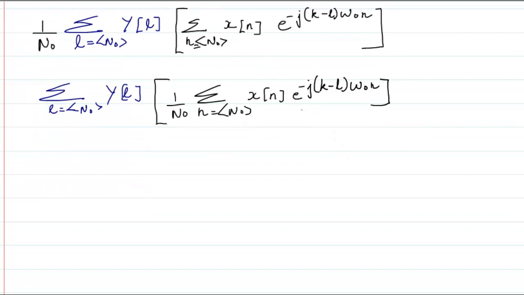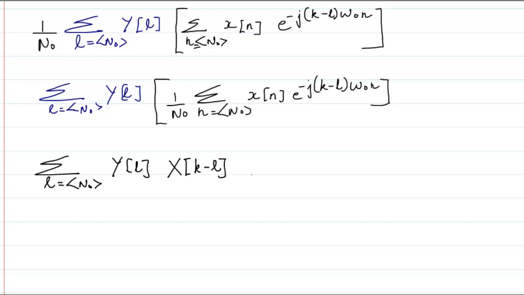Now the whole equation is same, the only difference is going to come at k minus L, isn't it? Instead of k it will be k minus L. So now I am going to write the whole equation. Summation L within the period n naught y of L, and what remains here is basically the Fourier transform of x of n, which is x of, now instead of k I will write k minus L. And what is this?